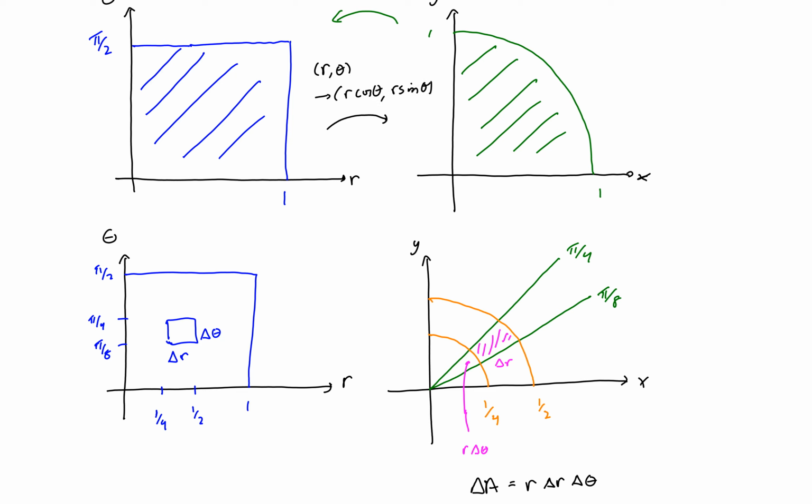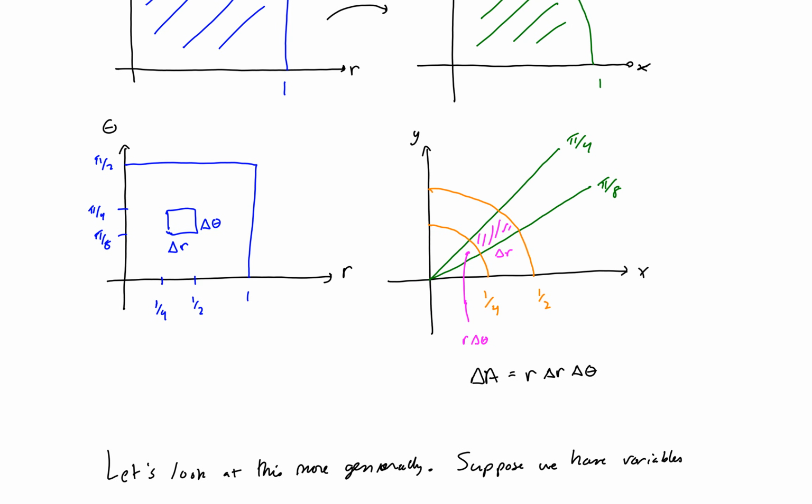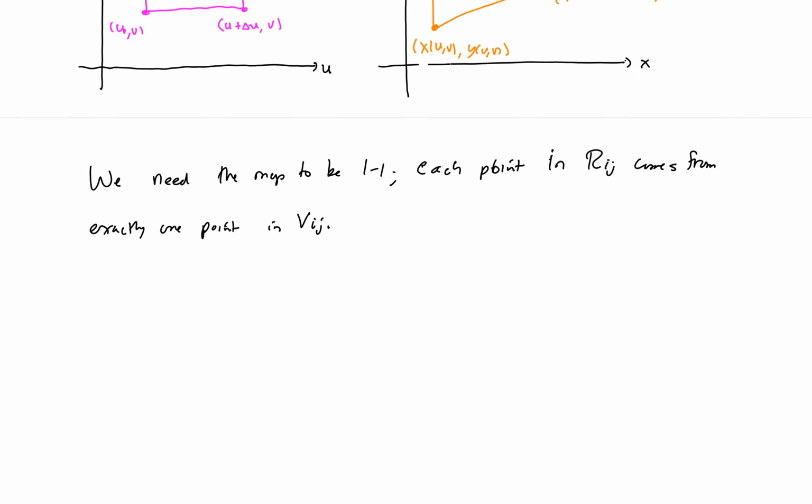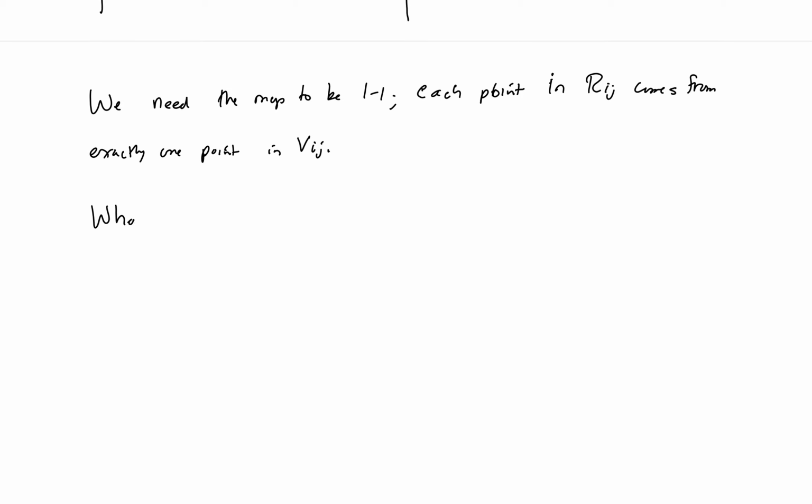And then we wanted to know, if I did that transformation where I took r theta to r cosine theta, r sine theta, how did that change the area? So we wanted to know what was the little delta area in the xy plane, and that's what we calculated as r delta r delta theta. So we want to do the same thing here. So what is the area of Rij?